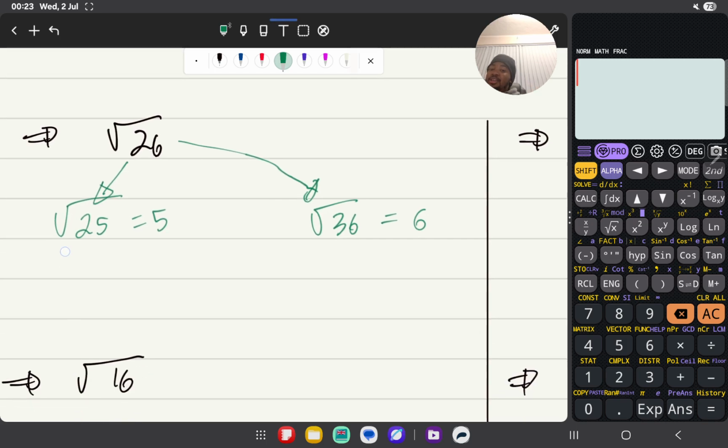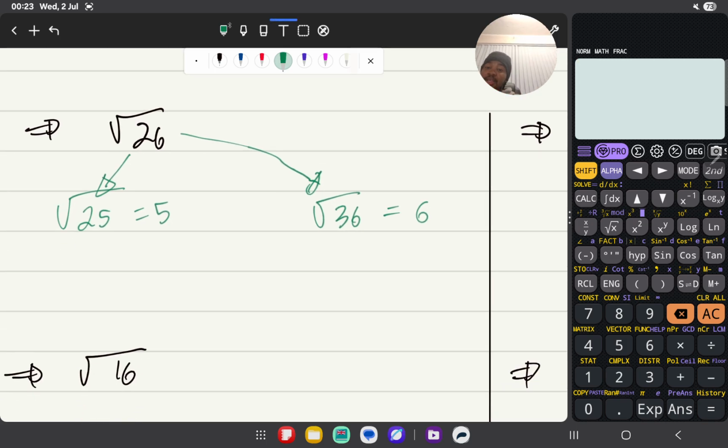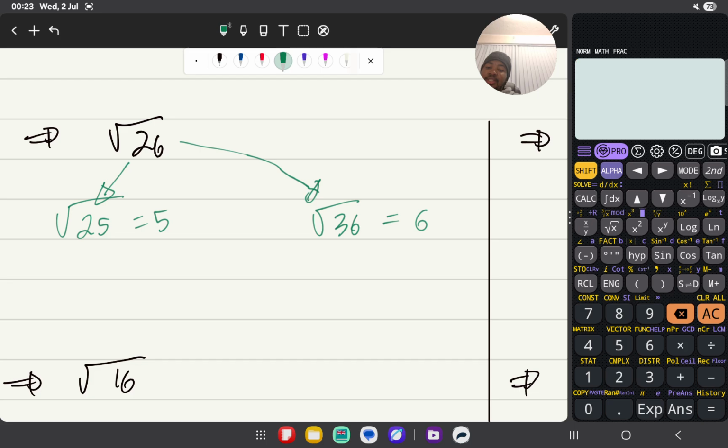Do you see? Remember we said that if a is smaller than b, then the nth root of a will be smaller than the nth root of b. Now we use that idea.